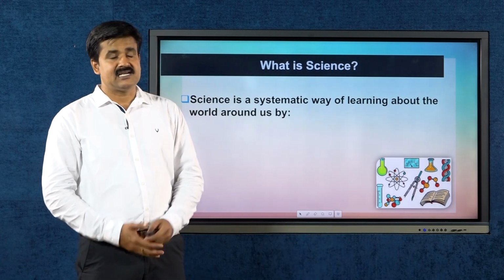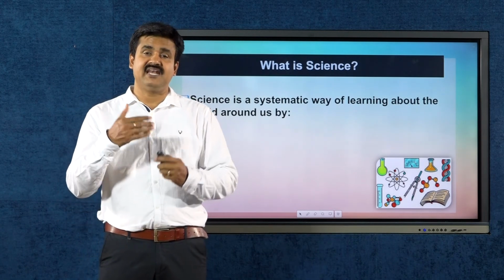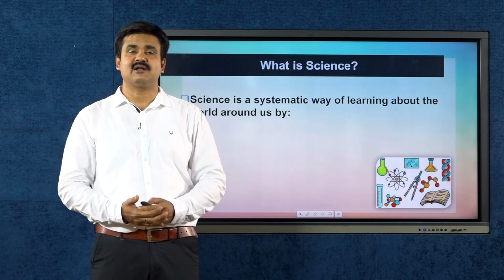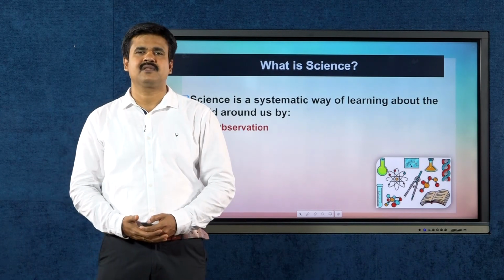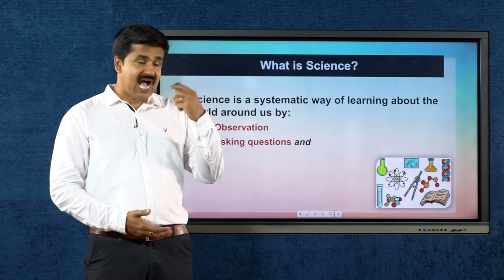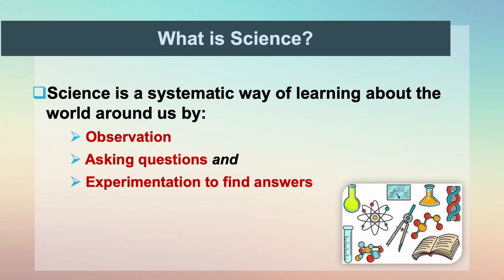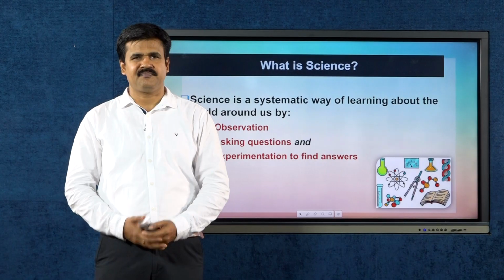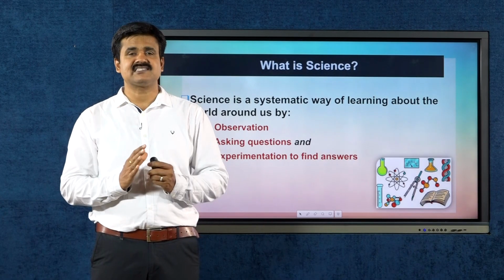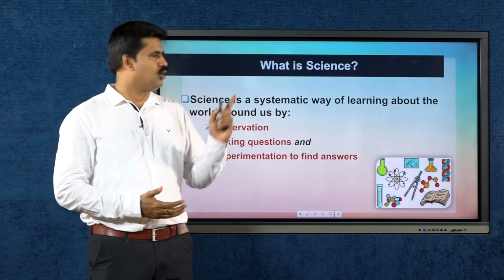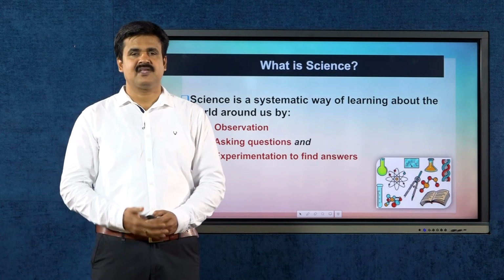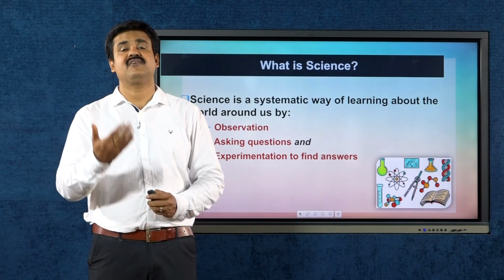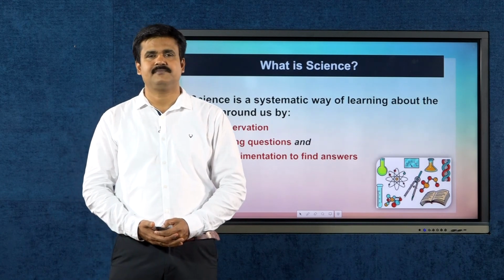Science is a systematic way of learning about the world around us. And this learning is through observation, asking questions, and experimentation to find answers to the problems. That is, science resides on observation, asking questions about the different things around us, and experimentation to find answers to the questions.